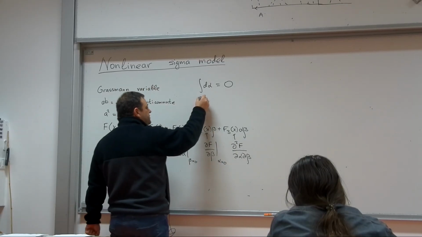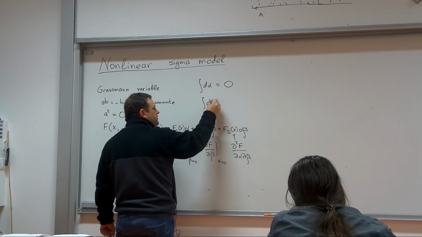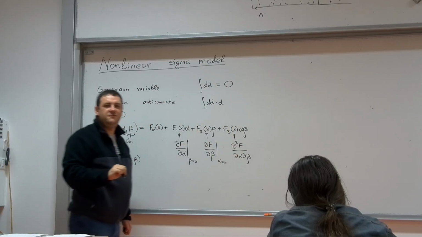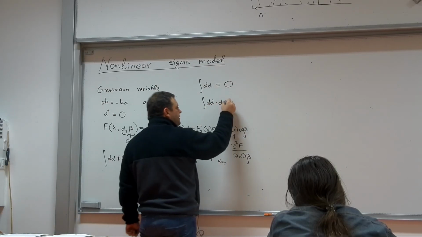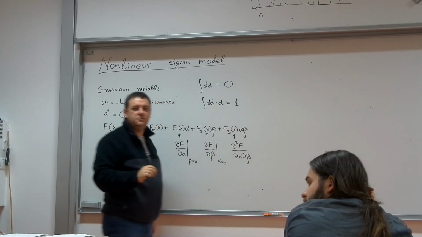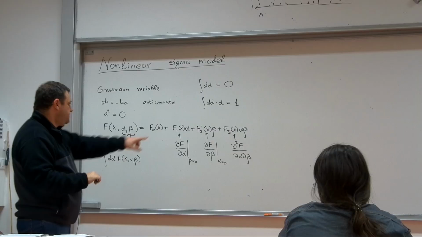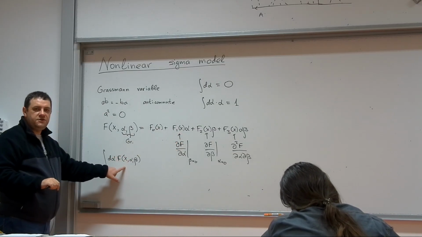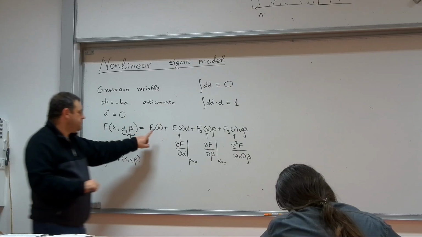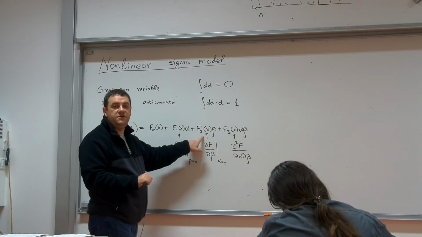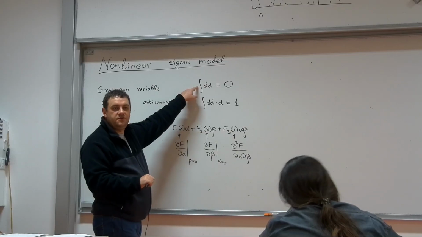And if you have an integral over any Grassmann variable of the variable itself, this is 1. That's all. So you just take this expansion, insert it here, and you say this term and this term do not contain alpha. So the integral of them is 0.